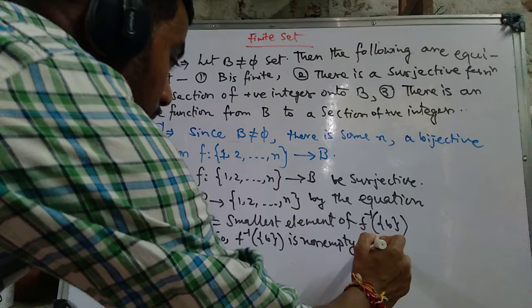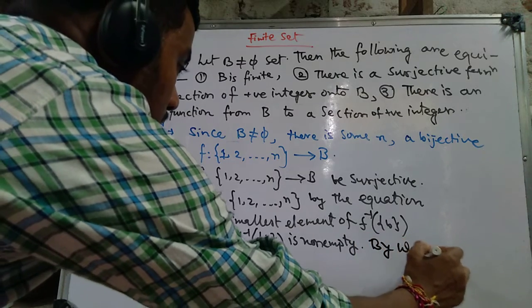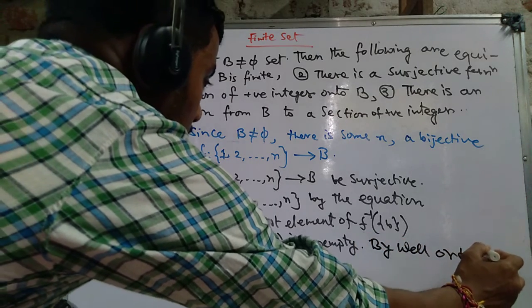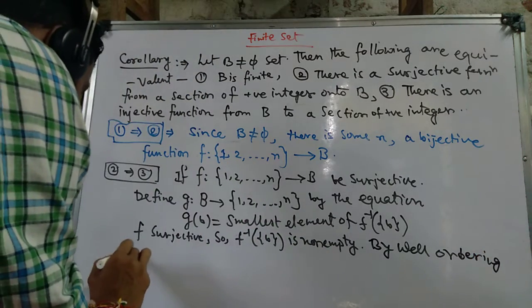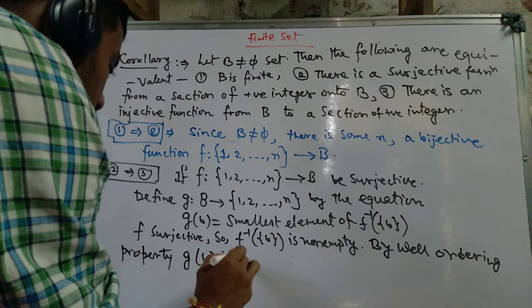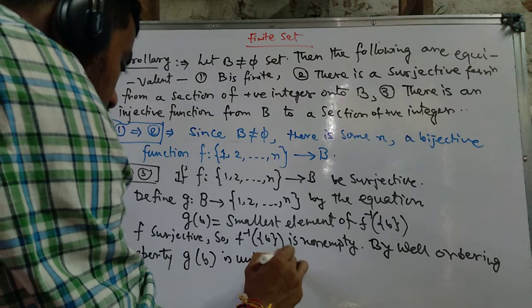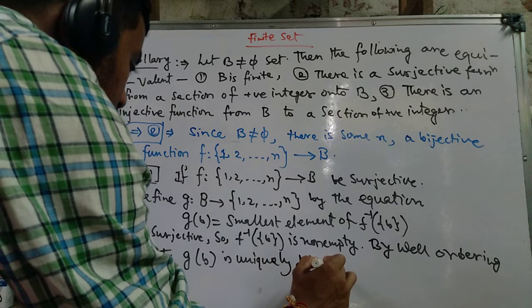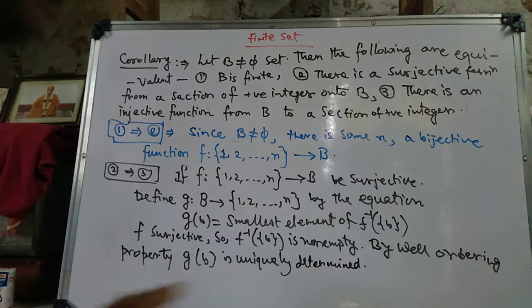Okay, that means g(b) is unique. If f inverse of b is non-empty, then the smallest element of f inverse of b must be unique, so g(b) is unique.